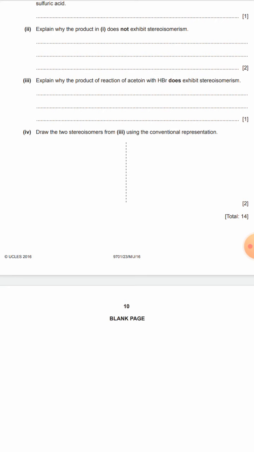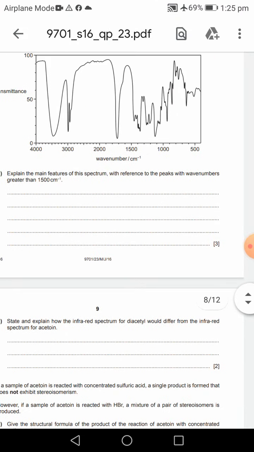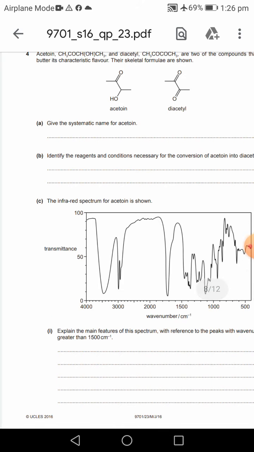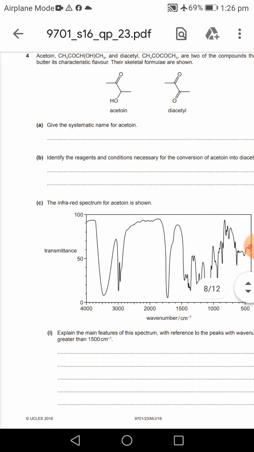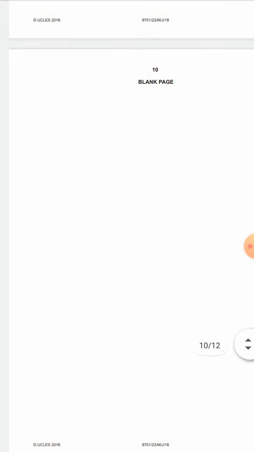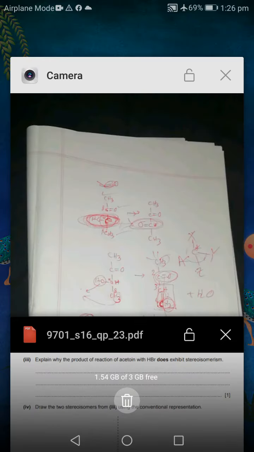What was acetone? I forgot the structure. Okay, it does exhibit isomerism. So HBr is present here. Let's go to solving.